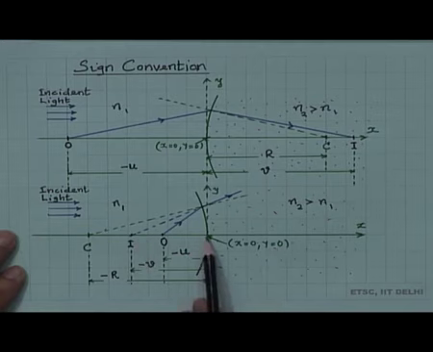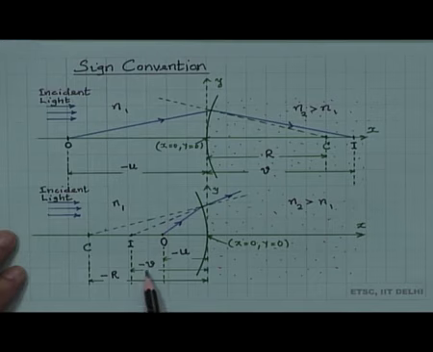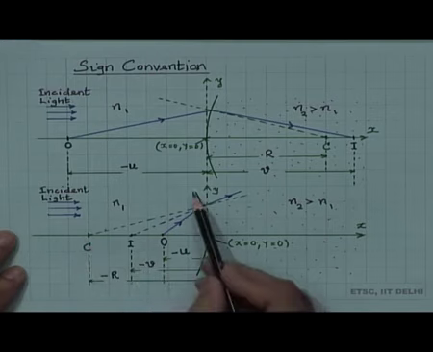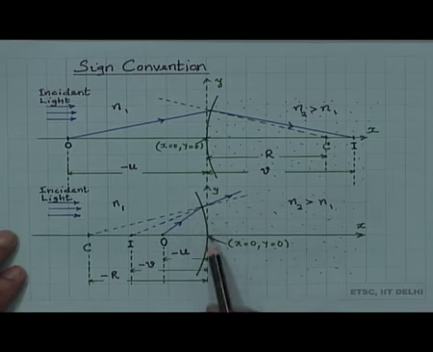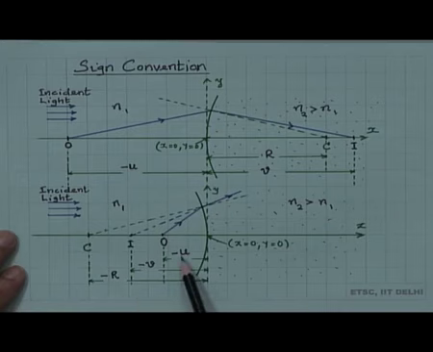Image distance is also on the left, so it is minus v, and the radius of curvature is also on the left side, because this is the concave surface, its center of curvature C is on the left side, and therefore, all of them are negative.